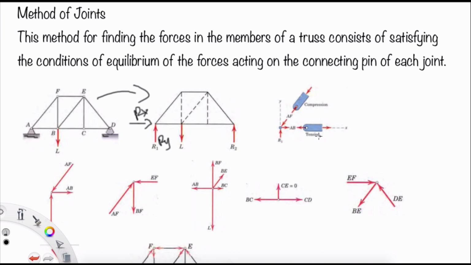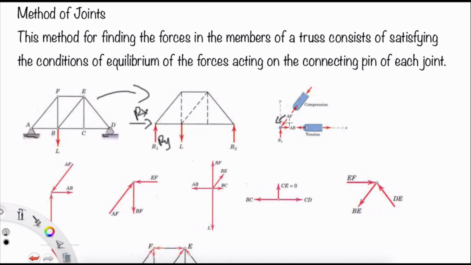And this is the explanation about compression and tension. If you have a force like this, the arrow coming to the point, it will be the compression, because on the other side it has to be opposite.